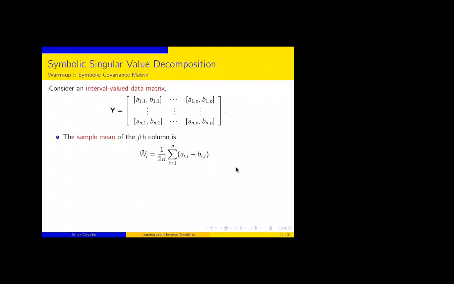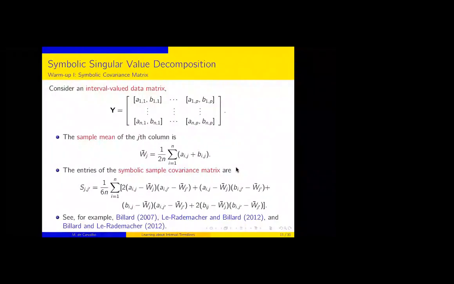It's very easy to get the intuition on this object. It's like a double mean, if you will.